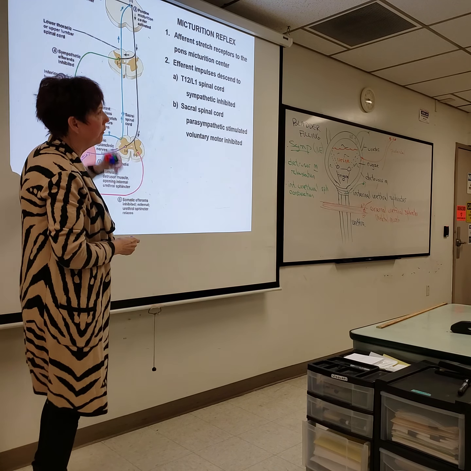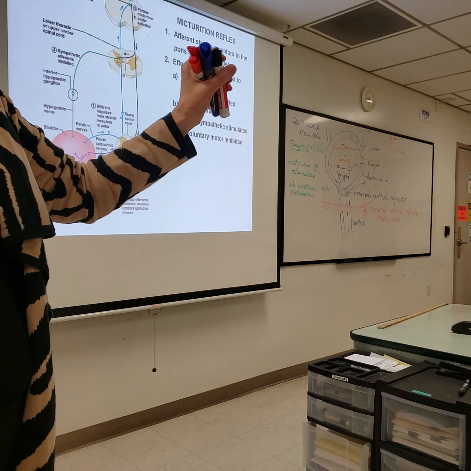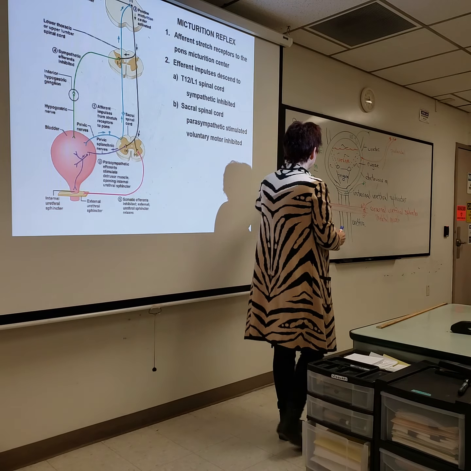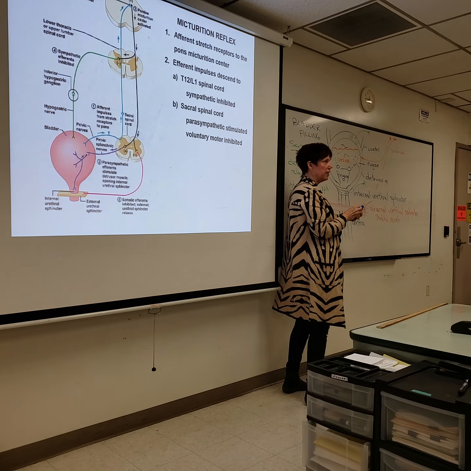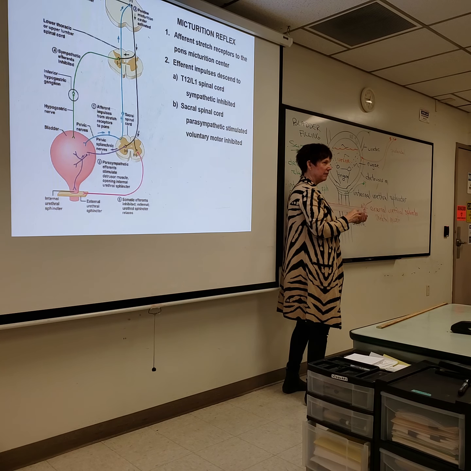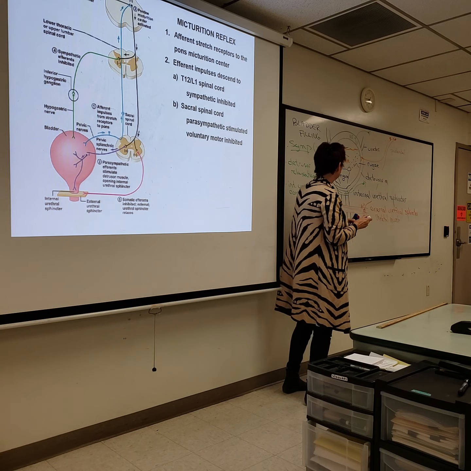Now this diagram involves the micturition center in the pons, and we're not going to worry about that. Okay? So I just want you to recall that our sympathetic is coming via what nerves from the lumbar region to get to the bladder? Splanchnic, sacral splanchnic. Okay?